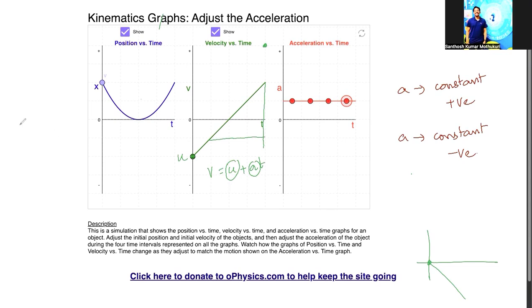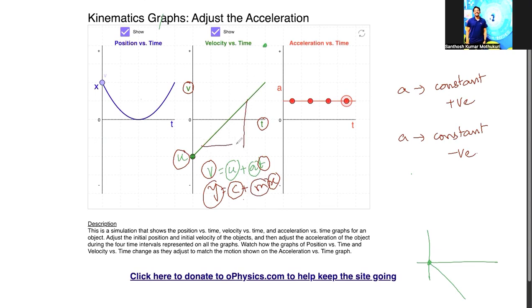Now, when you look at this as y equals mx plus c, compare it with that equation. Along the x-axis there is time, along the y-axis there is final velocity, the y-intercept is the initial velocity u, and the gradient is the acceleration.